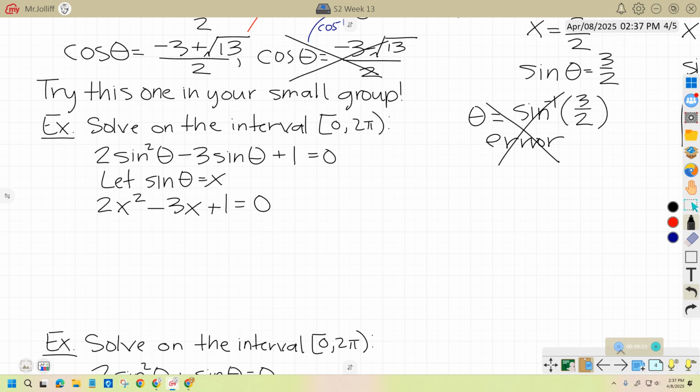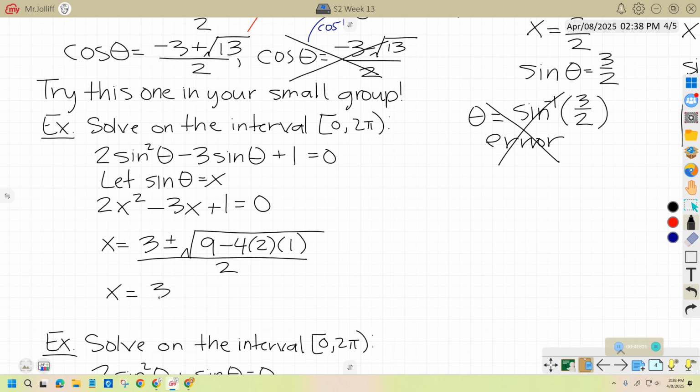Quadratic. Okay, so A is 2, B is -3, C is 1. I'm going to get x equals minus negative 3 plus or minus the square root of 9 minus 4 times 2 times 1, all over 2. Simplifying inside the radical, 4 times 2 is 8, 8 times 1 is 8. 9 minus 8 is 1, and the square root of 1 is 1.